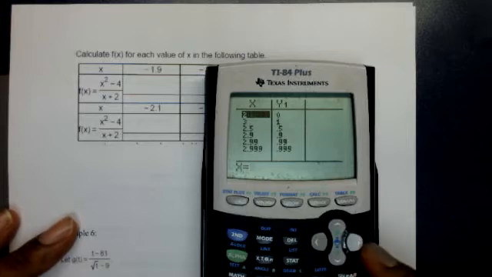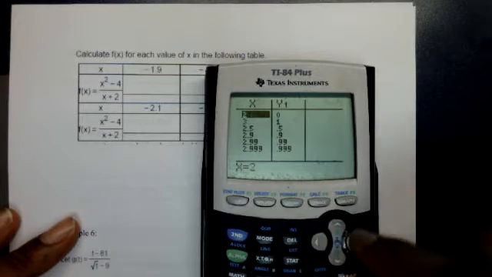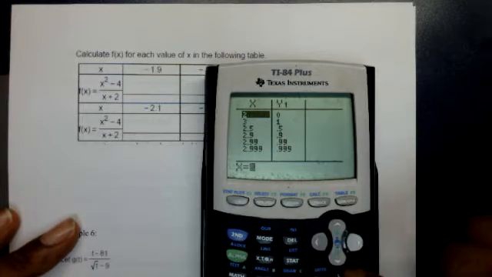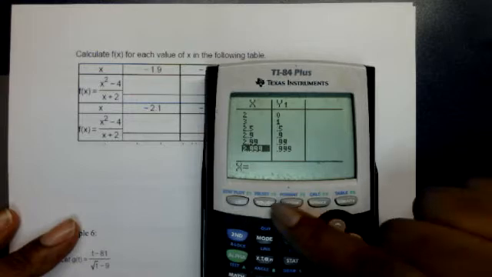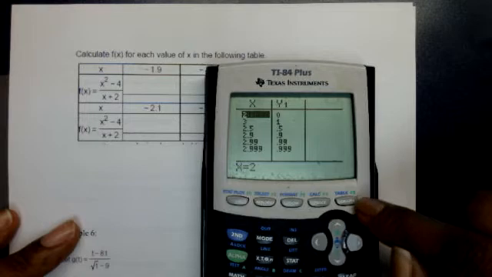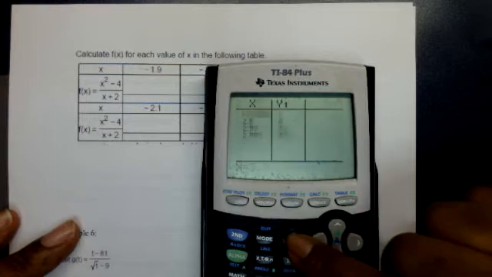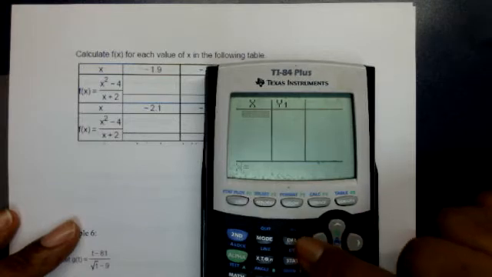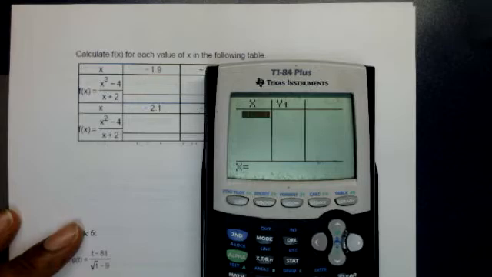And I got stuff here, so let me see if I can delete this stuff out. Here we go. Hit delete. All right.